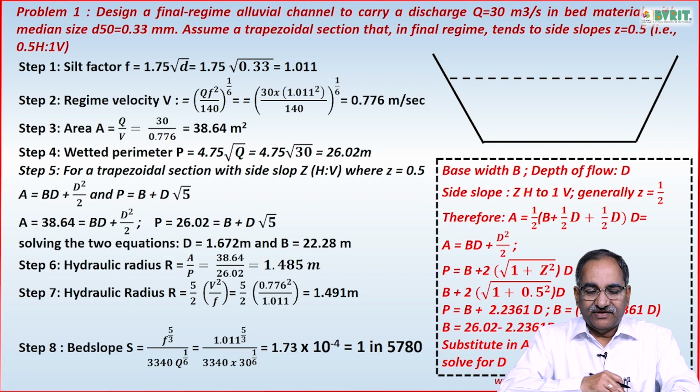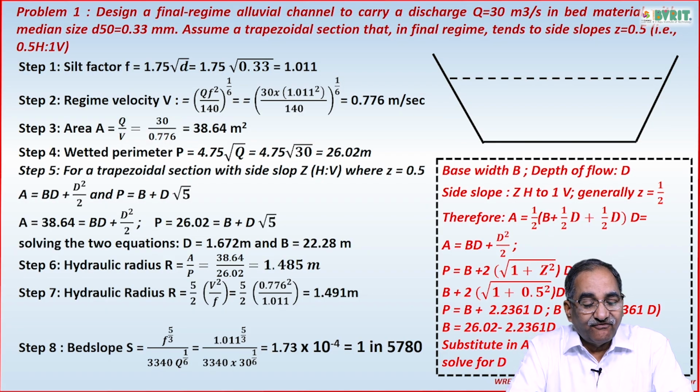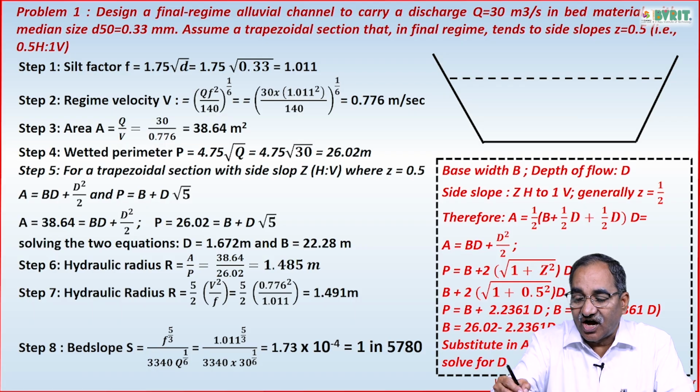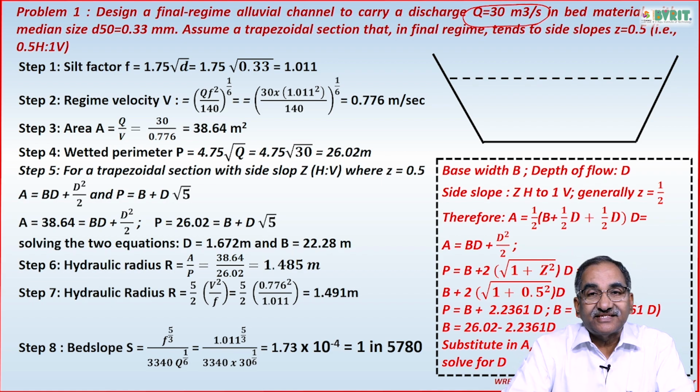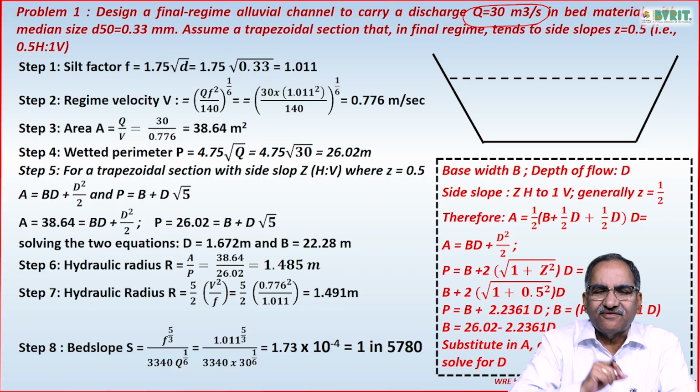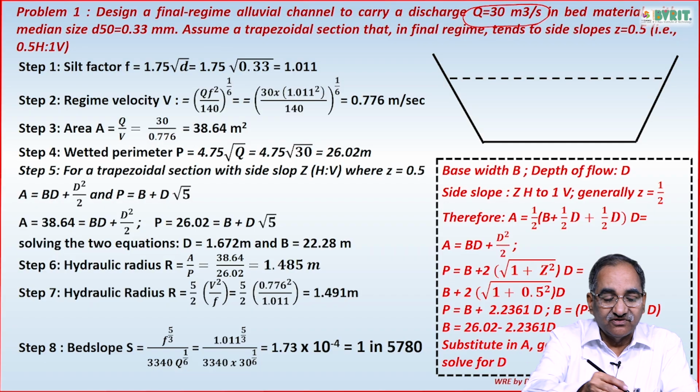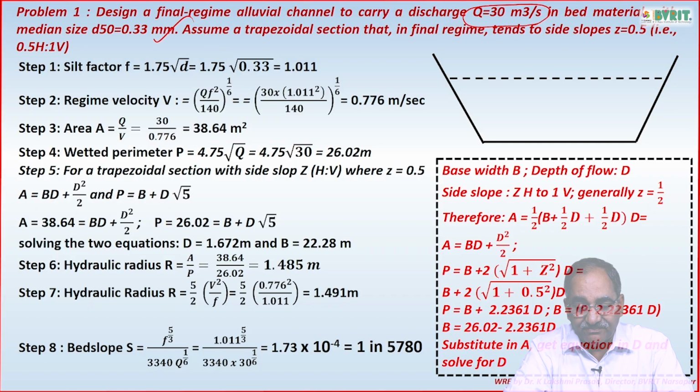Let us take straight away the problem. Design a fine regime alluvial channel to carry a discharge of 30 meter cube per second. The first one he has given: Q is equal to 30 meter cube per second, in bed material with median size D50 equal to 0.33 mm.